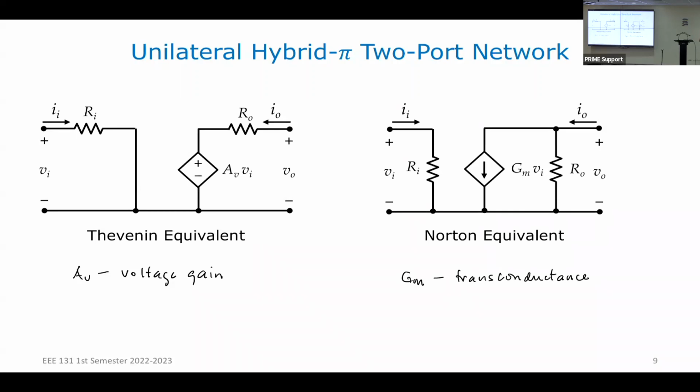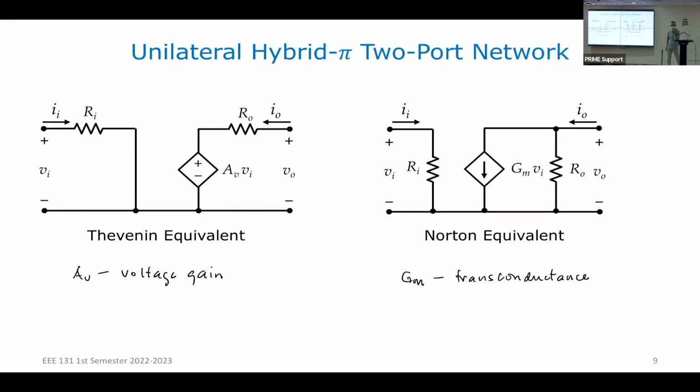Dahil yung voltage is in another part, then it's called a transconductance instead of being a direct conductance. Kaya tinawag ito na transconductance. Again, this is derived from the bilateral hybrid pi model, the unilateral. Ang ginagawa lang natin, tinatanggal lang natin yung effect ng output sa input. Does this look familiar?